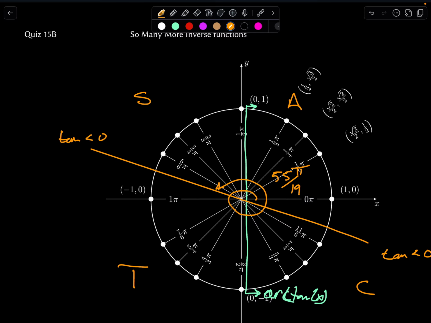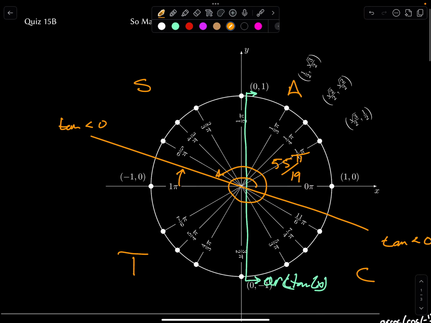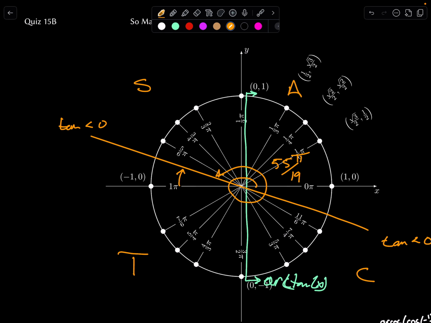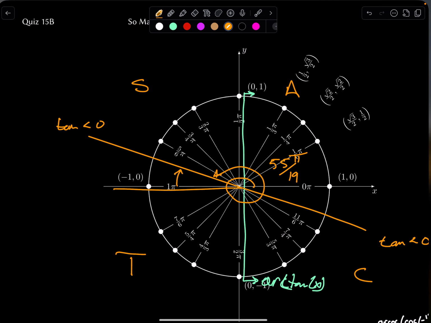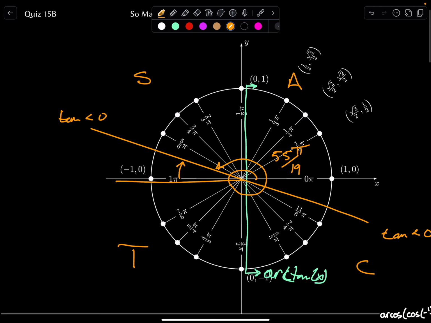Okay, so I need to know what this little tiny angle is, that reference angle. So if this had extended all the way around to be where this is, like right to there, then the angle would have been 3 pi, which is the same as 19 times 3.